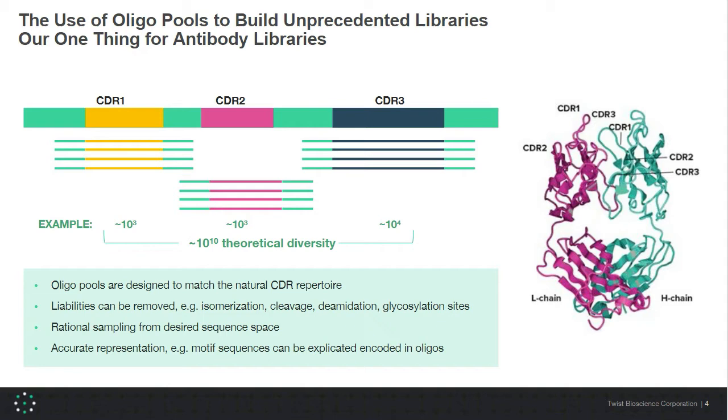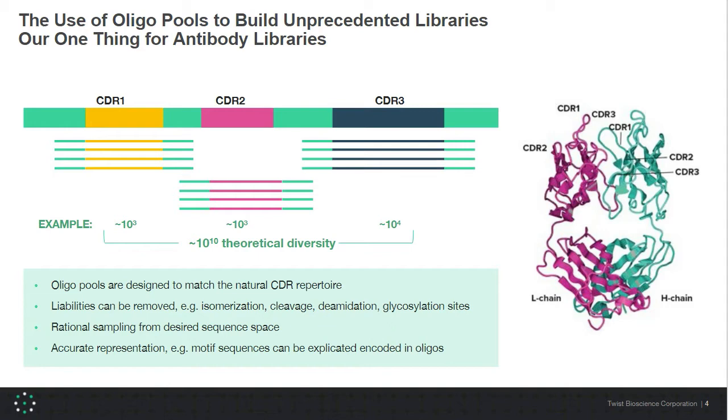The cool thing about the way Twist builds libraries, in particular antibody libraries, is that when I make these oligo pools that constitute these diversities in CDRs 1, 2, and 3, I can synthesize sequences derived directly from natural human diversity. This allows me to shuffle CDR diversity that's naturally derived, and as a result, the antibodies that come out of these libraries look almost indistinguishable from anything that would come out of a human.